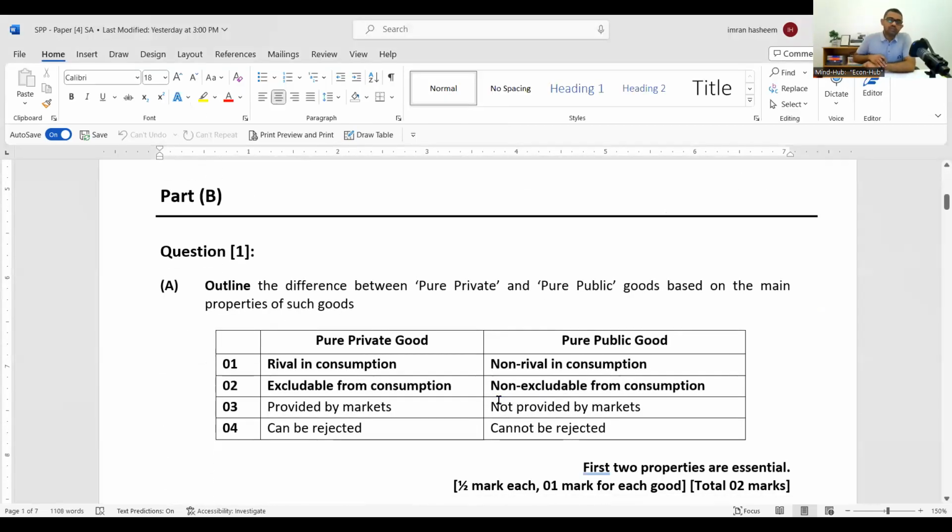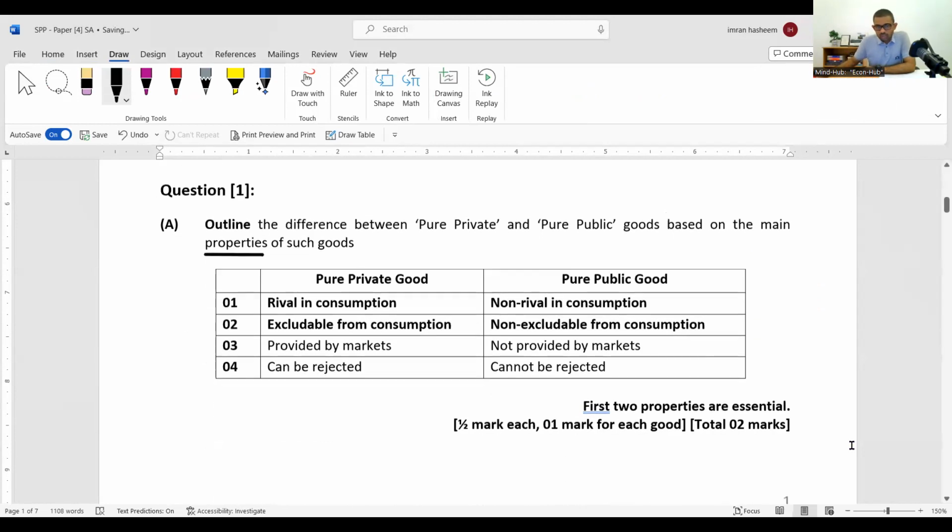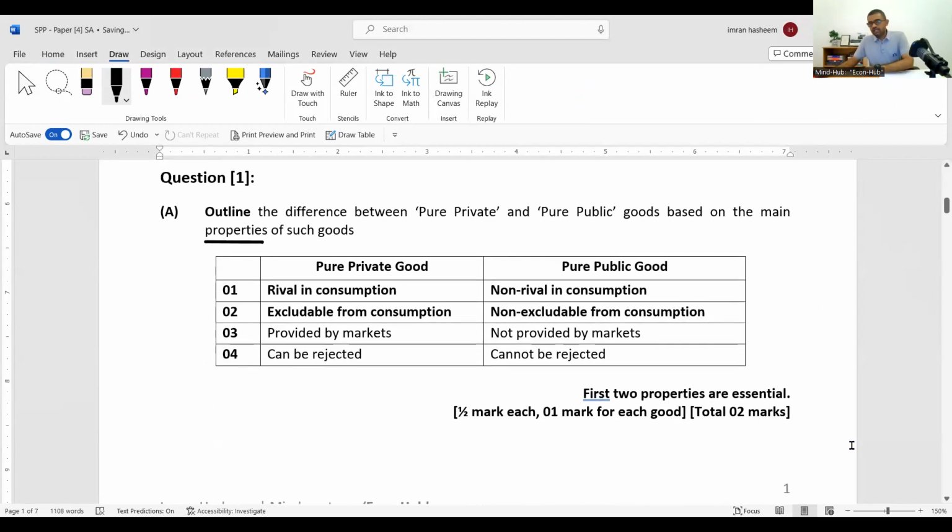So question 1 focused on the first chapter. I've asked you to do an outline of the differences between public and private goods, pure private, pure public, based on their properties, based on the features. So I'm sure you guys have done this, and I have allocated marks where you get half a mark each and 1 mark for pure private, then 1 mark for pure public.